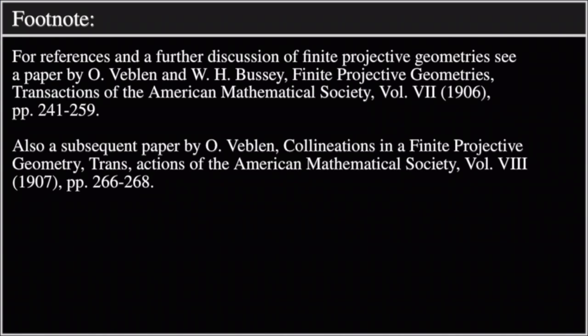Also, a subsequent paper by O. Veblen, Collineations in a Finite Projective Geometry, Transactions of the American Mathematical Society, Volume 8, 1907, pages 266 to 268.